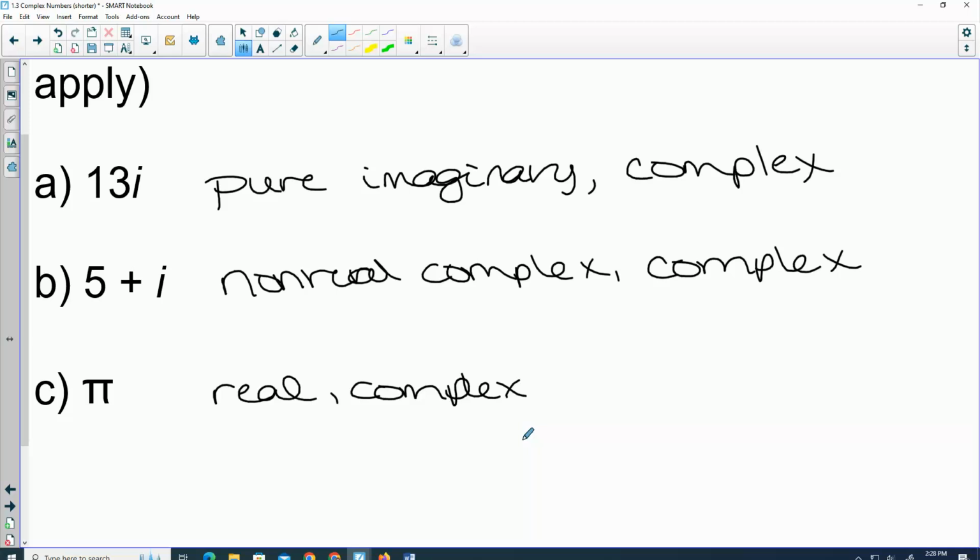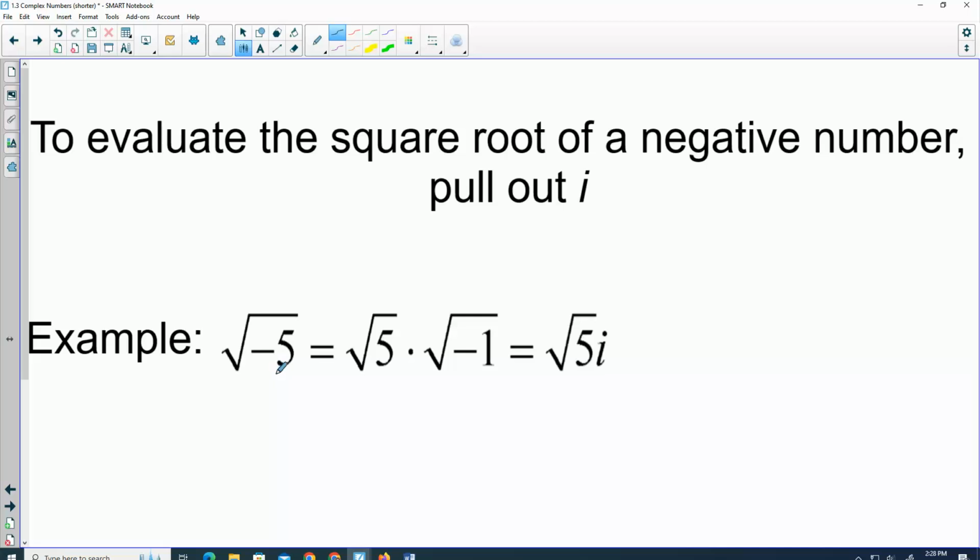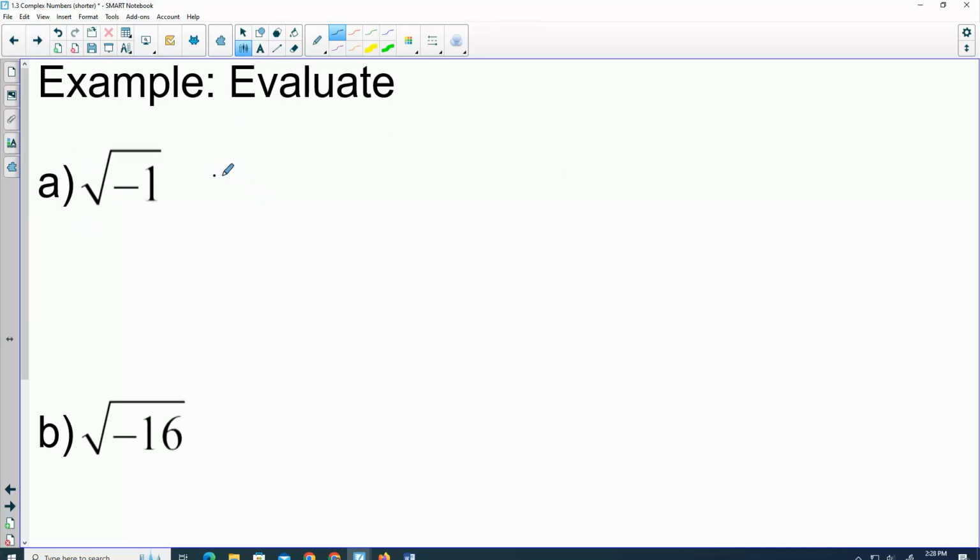When we see i start coming into our problem, it happens when we have negatives under a square root. So you guys remember, if you have a square root of negative 5, a way to think about that is the same as the square root of 5 times the square root of negative 1. And the definition, square root of negative 1 is equal to i. I think in Algebra 2, she usually had you write it as i radical 5. So either one is okay. So if I just gave you the square root of negative 1, what's that called? i.